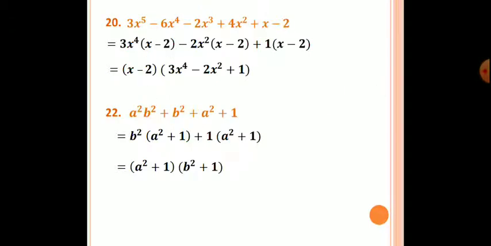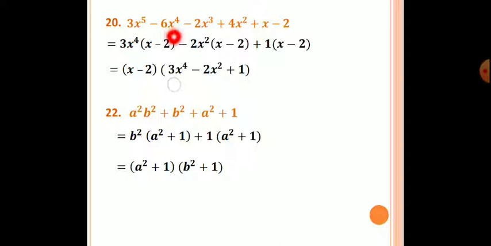Moving on to question number 20. 3x to the power 5 minus 6x to the power 4 minus 2x to the power 3 plus 4x square plus x minus 2. From the first two terms, we can take out something common. See, here we have x to the power 5, here we have x to the power 4.